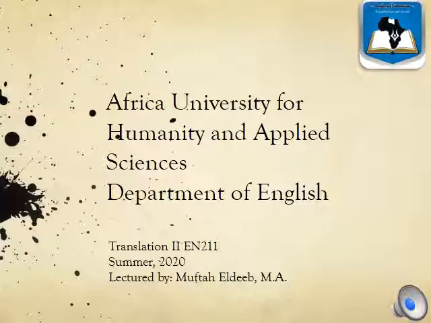You're required to have Translation 1 before moving to this course. This is summer 2020, so it's a very condensed term. We're running out of time and we have just 1.5 months to complete the course.